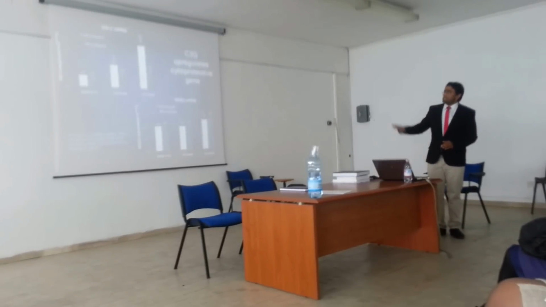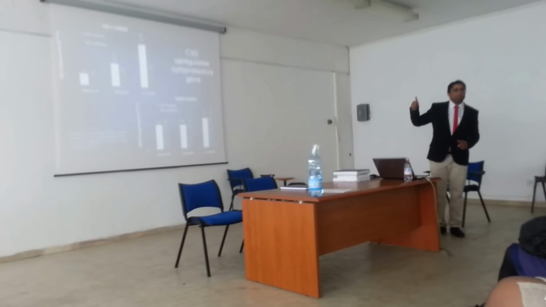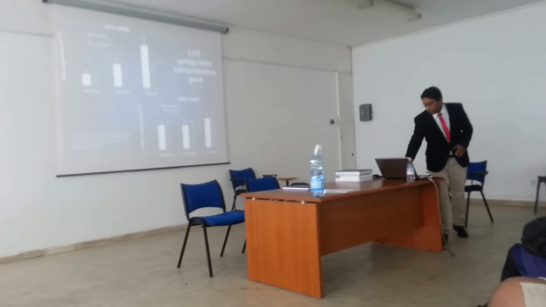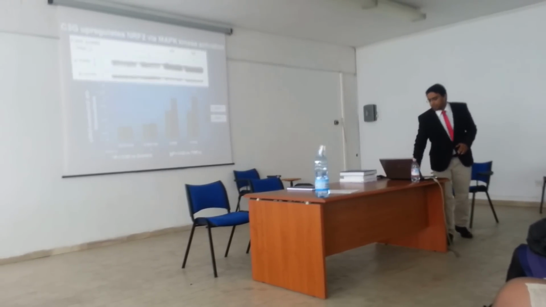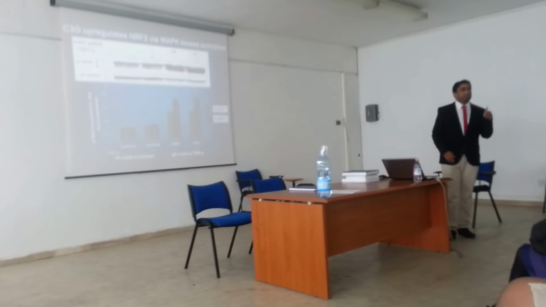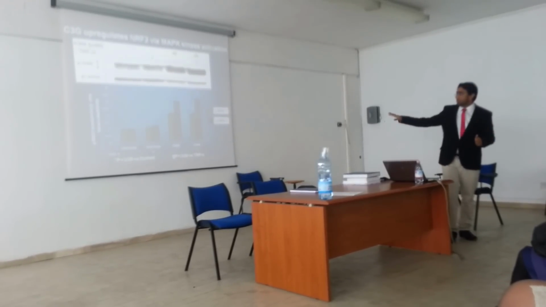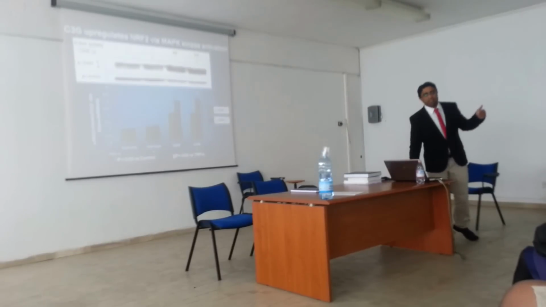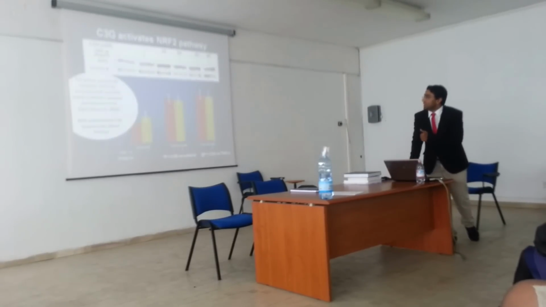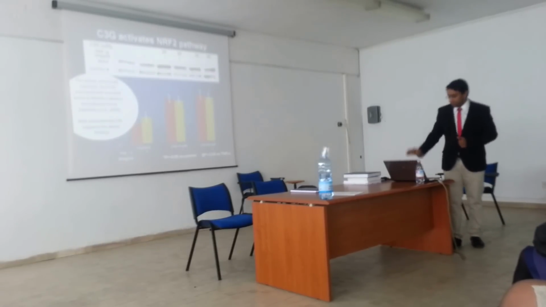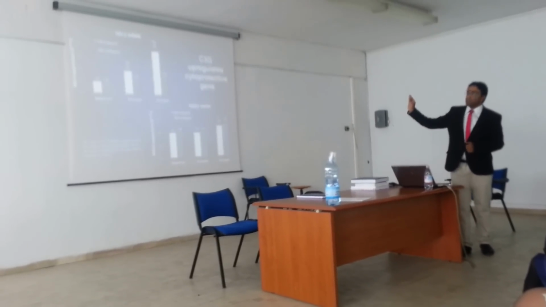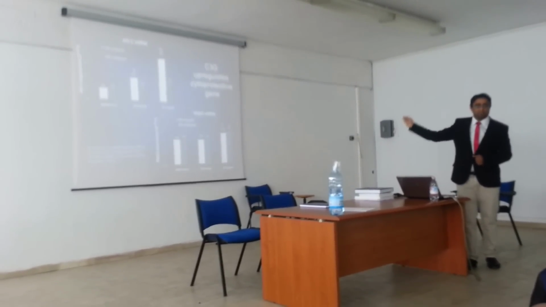So again we measured this gene. Again cyanidin is able to increase this cytoprotective gene. Again we measured ERK1 and ERK2. Cyanidin was able to activate ERK1 and ERK2 in a dose dependent manner without any stress. So all these results are correlated: NRF2 without stress, this cytoprotective gene is activated with stress and without stress.